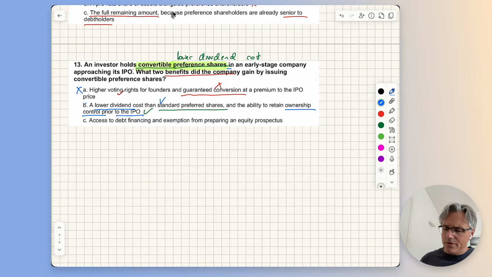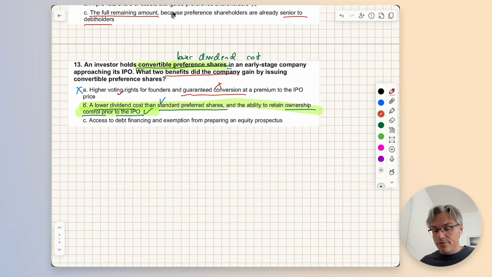And the final point, so that's the correct answer, but the final answer here, C, access to debt financing and exemption from preparing an equity prospectus. Well, that's not true. You can get access to debt financing pretty much at any time, although early stage companies don't generally go for debt because not many people will be willing to provide debt unless it's on special terms, convertibility options included.